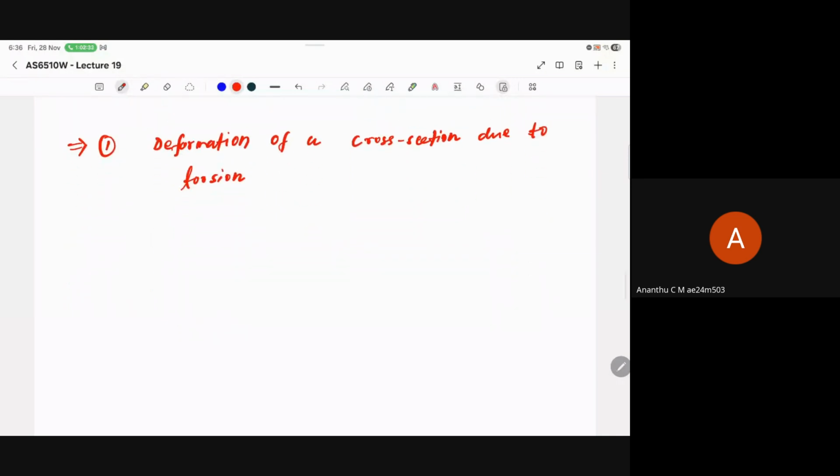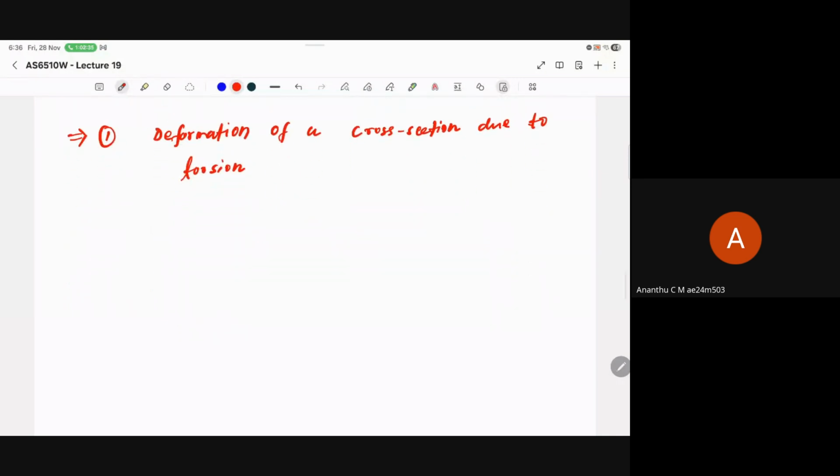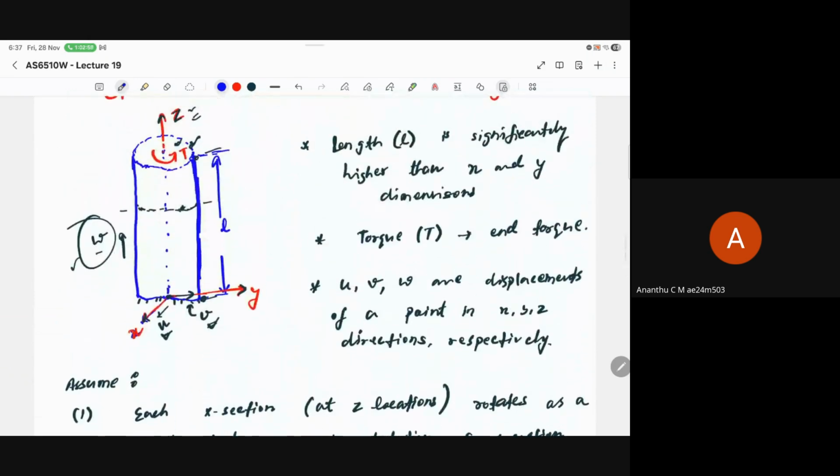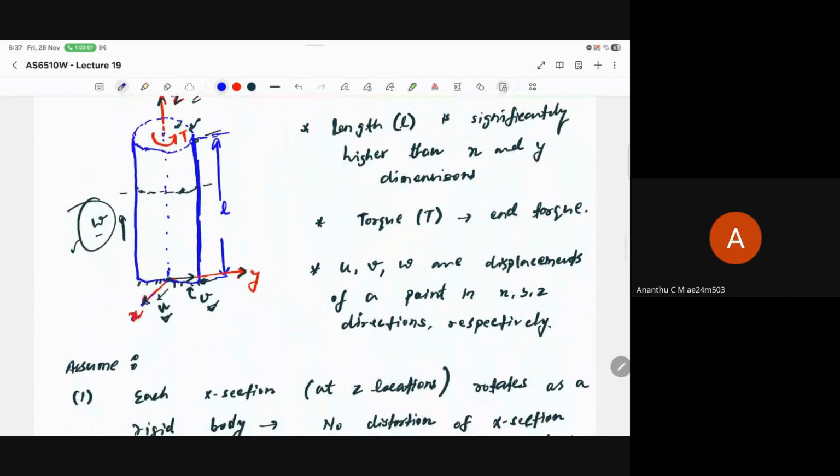Okay, so I'll try to draw the same cross section. So this is the cross section we have.